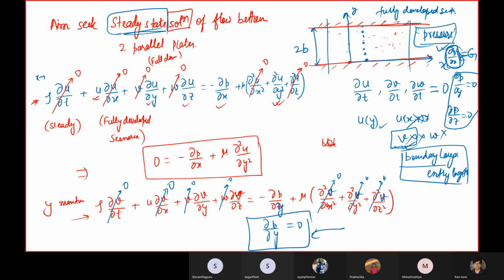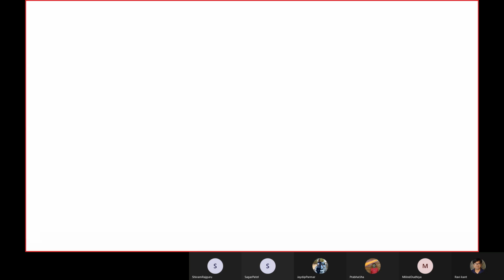So we will keep these two equations and try to apply the boundary conditions. Let me take one more minute and then I'll leave this class. So what are my boundary conditions? You have the x coordinate over here. At x equal to 0, the u velocity goes to 0.